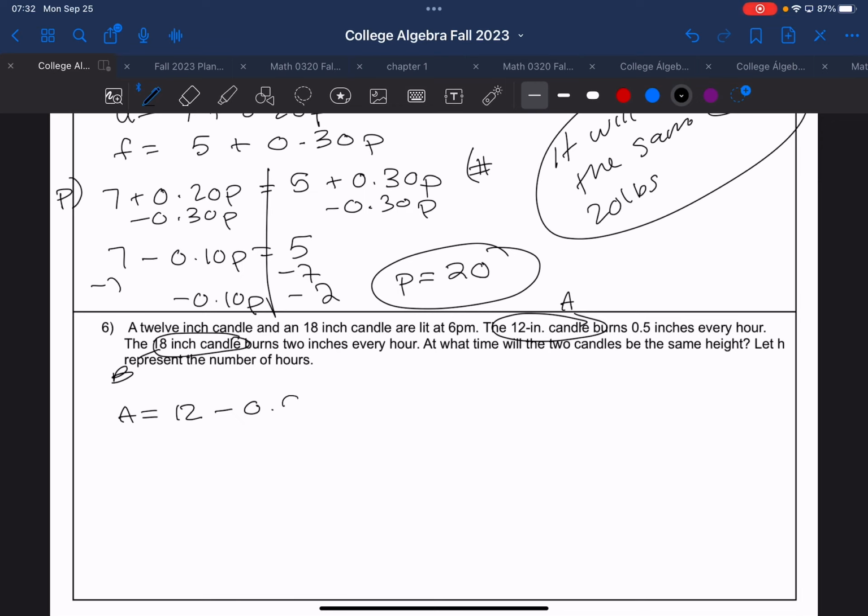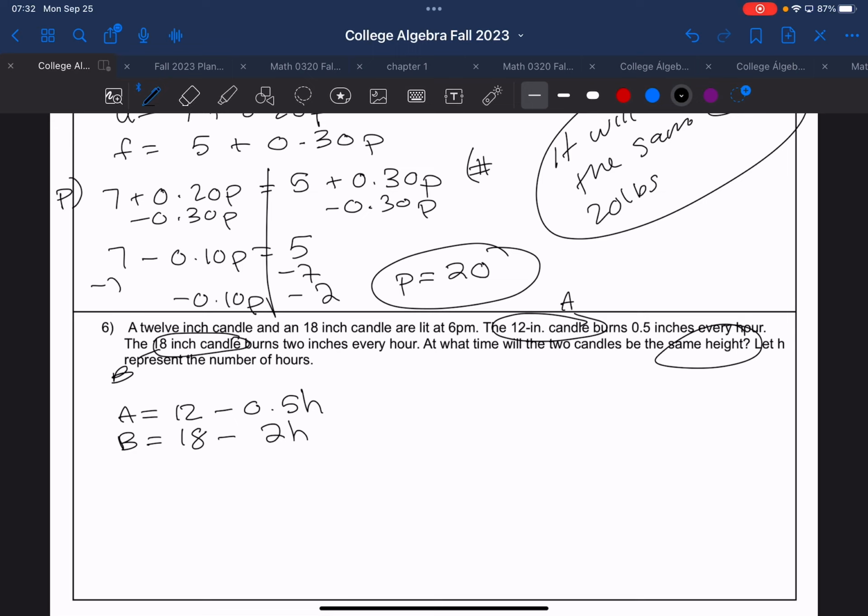Minus 0.5. And do we have a variable for hour? H. Okay, the second candle, which I labeled as candle B, what's the starting height for that candle? And then it says burns, so minus 2 inches every hour. 2H.